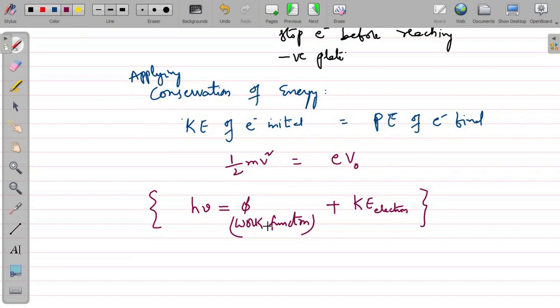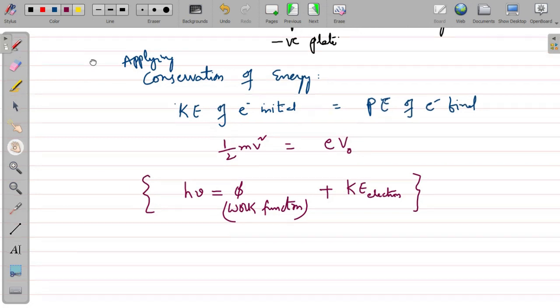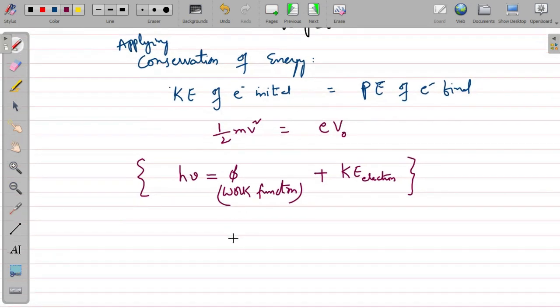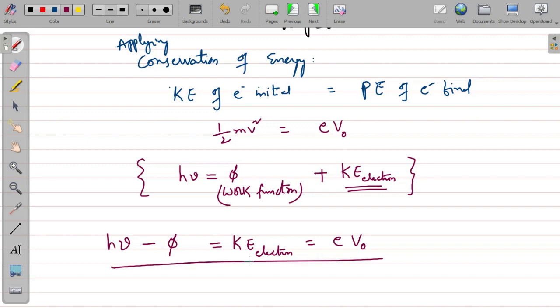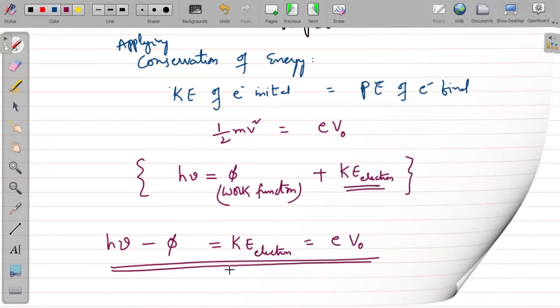They may give you the work function and h nu, and ask for the stopping potential. So now I will combine these two equations. The kinetic energy of the released electron must be equal to e into the stopping potential, and the kinetic energy can be written from this equation as h nu, the energy of the photon or radiation, minus the work function. By using this relation, we can find the unknown quantities from the known quantities.